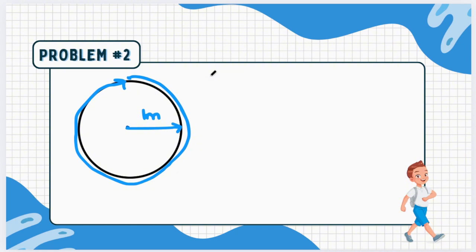And what is the formula for the circumference of the circle? The formula for the circumference of the circle will give us the total distance. And that is equal to 2 pi r.